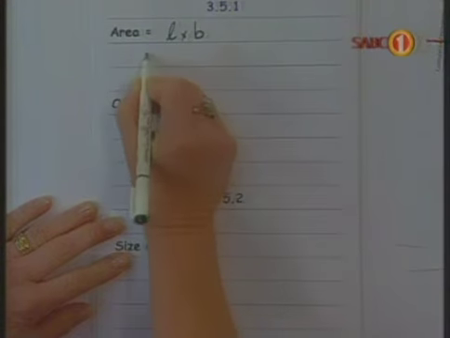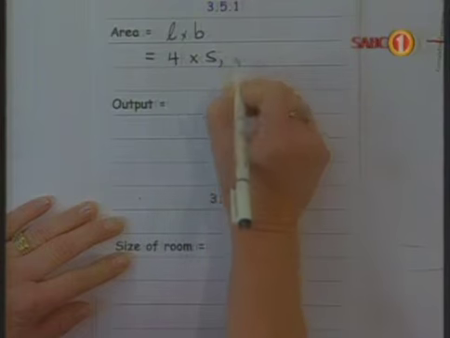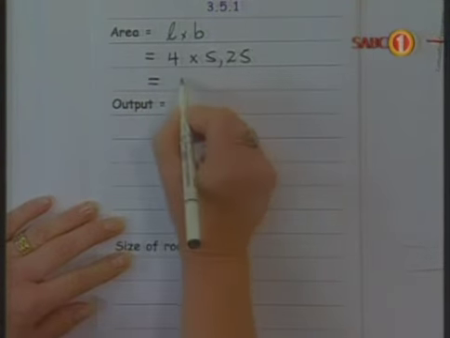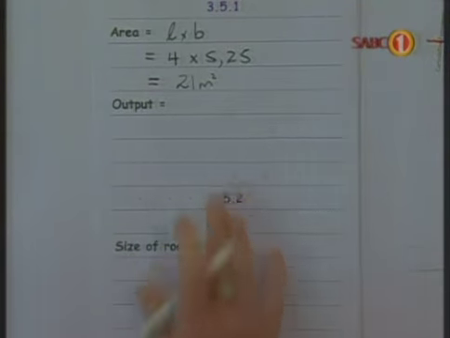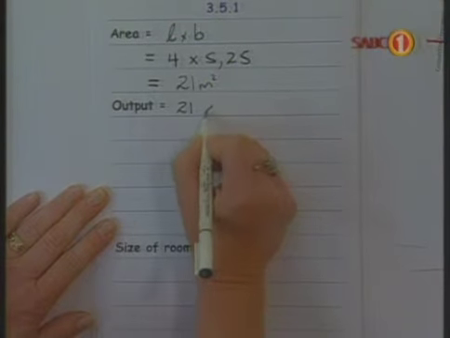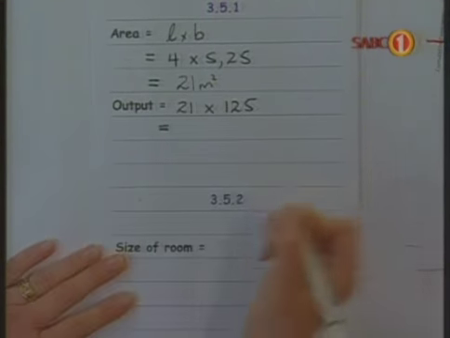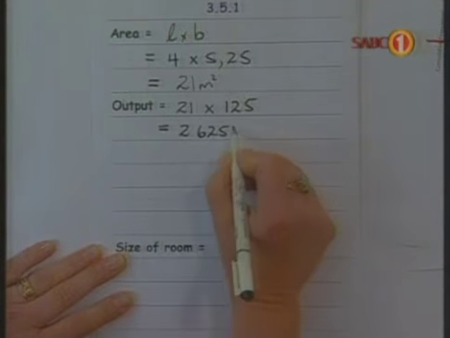That's quite a simple calculation. It's going to be 4 multiplied by 5.25, and if you multiply those in your calculator, you are going to get 21 square meters. They told us that the output is 125 watts per square meter. So to find our output, we go 21 multiplied by 125, and that gives us 2,625 watts.